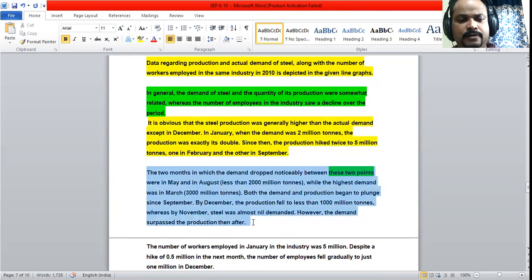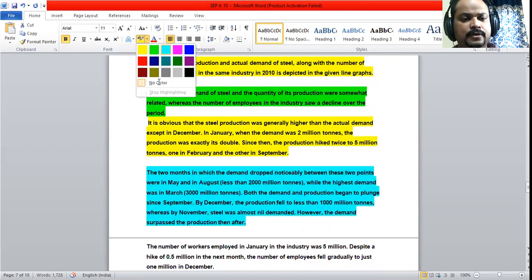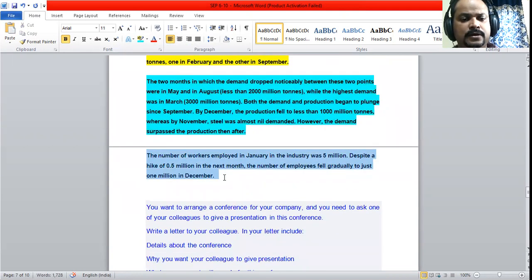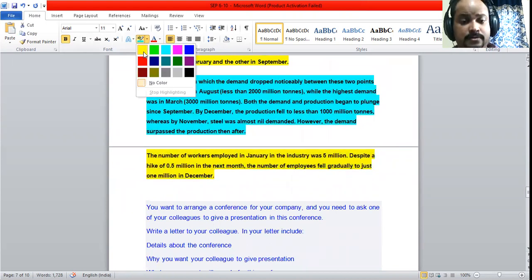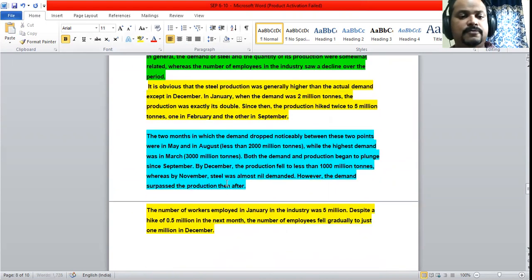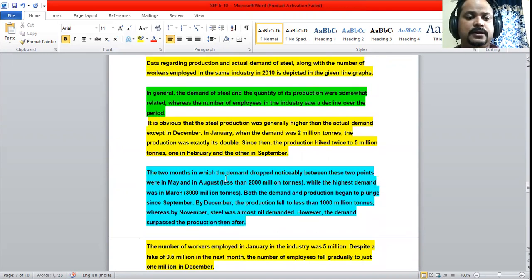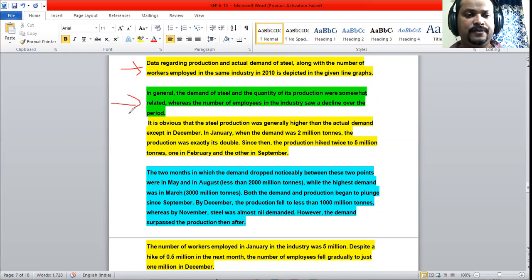This is the second paragraph. And this is the last paragraph, the number of workers. So this is the picture. The whole story is there. You can see as a whole the data regarding the production and actual demand of steel. This is the introduction. This is the overview, the general view.